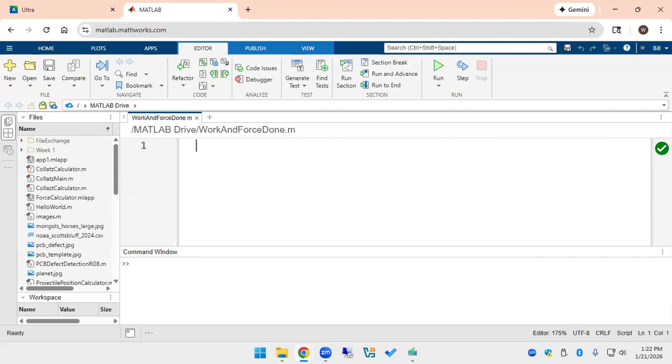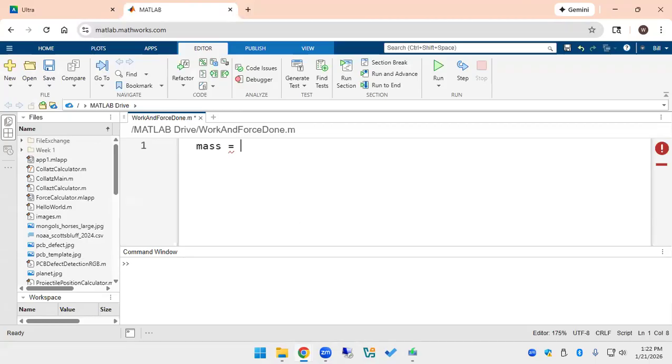Now the problem says, get mass in pounds, acceleration in feet per second, and distance from the user. Well, we know we can't get all three of those at once. And in programming, we use words. So I would probably go like this, mass equals, and remember, programming is flipped over when you're doing math.